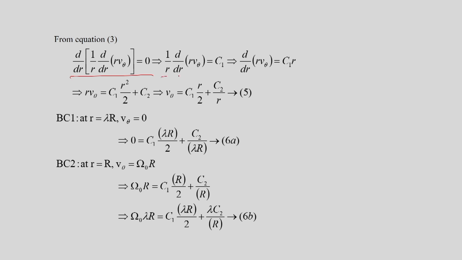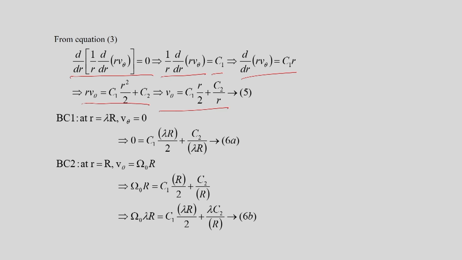When you integrate, 1/r d/dr (r vθ) equals C1. Taking r to the other side, d/dr (r vθ) equals C1 r. If you integrate again, r vθ equals C1 r²/2 plus C2. Now, taking r to the left hand side, vθ equals C1 r/2 plus C2/r.